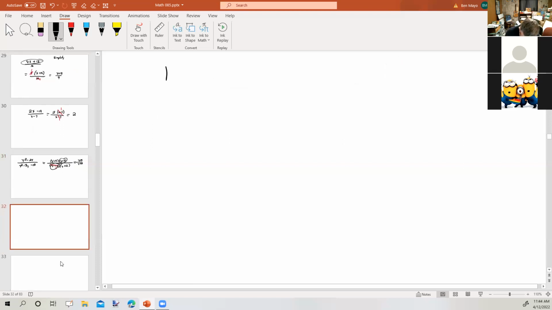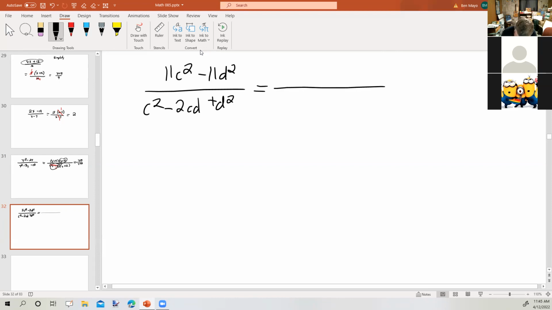How about this one? 11c squared minus 11d squared over c squared minus 2cd plus d squared. Well, in the numerator, first I'm going to factor out the greatest common factor, which is 11. Then I'm going to factor the difference of two squares.